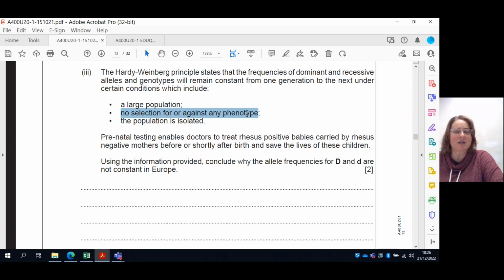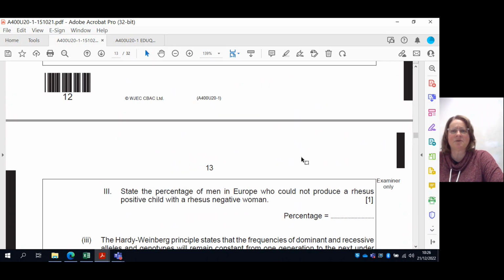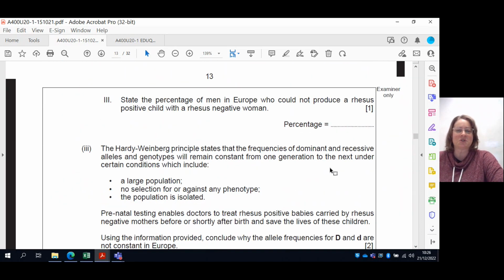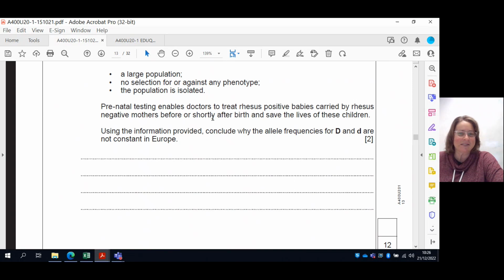However, do we have a selection against a phenotype? Yeah, rhesus disease. It described it earlier to you that we've actually got a kill the fetus situation. So you can't word it much stronger as selection against the phenotype. Is the population of Europe isolated? We do get immigration and emigration.